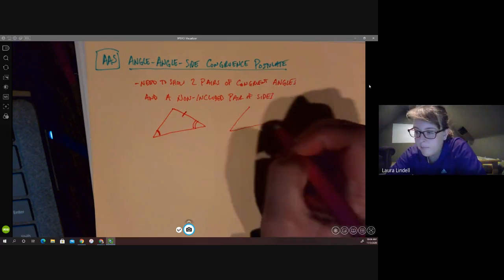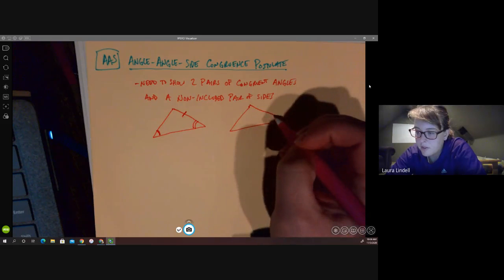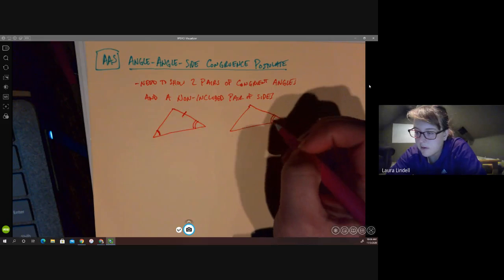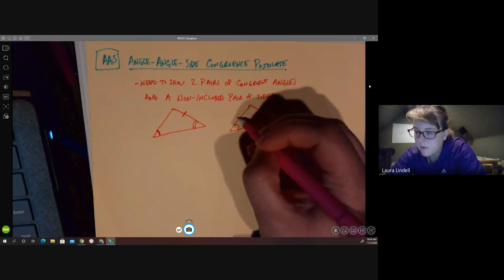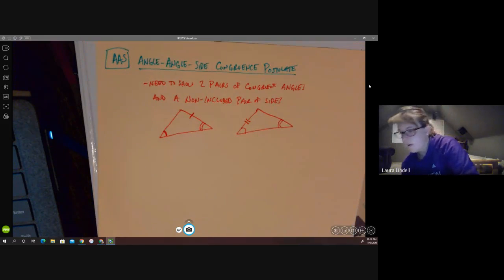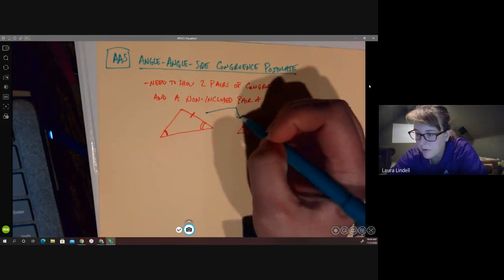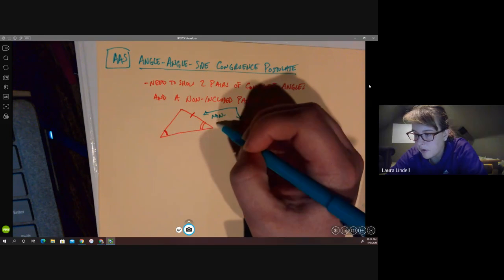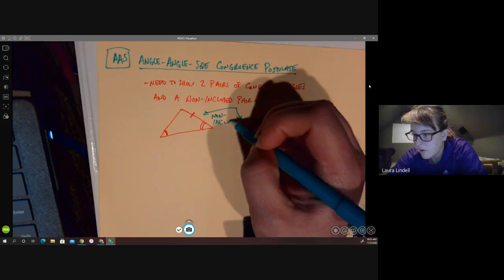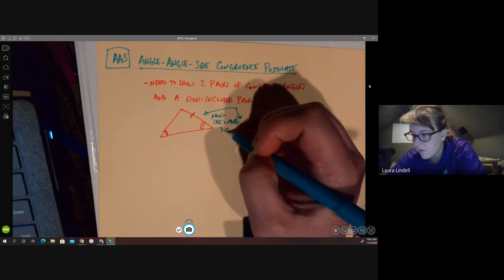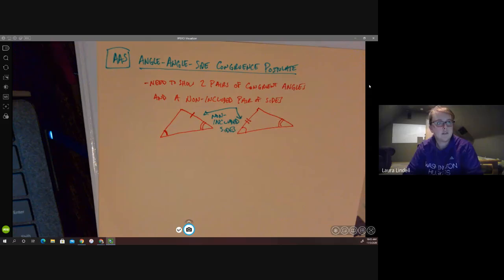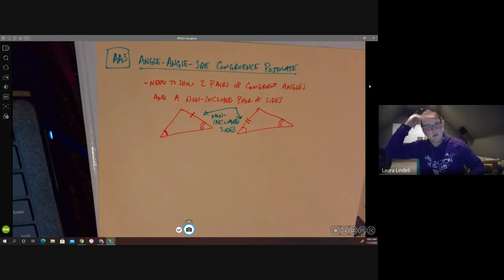Or if we had the same picture like this, so these sides would be non-included sides. And those non-included sides would need to be the same and in the same order and stuff like that. But anyway.